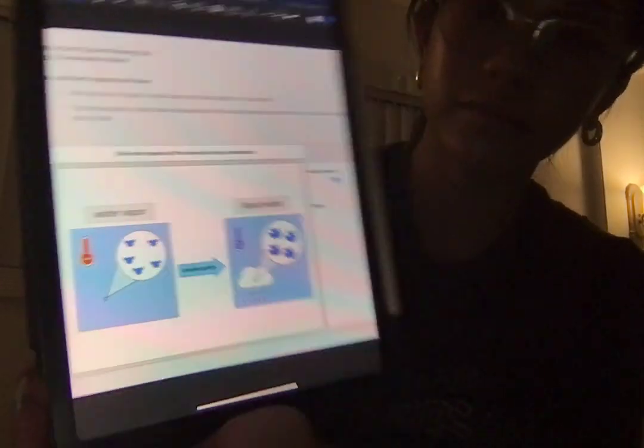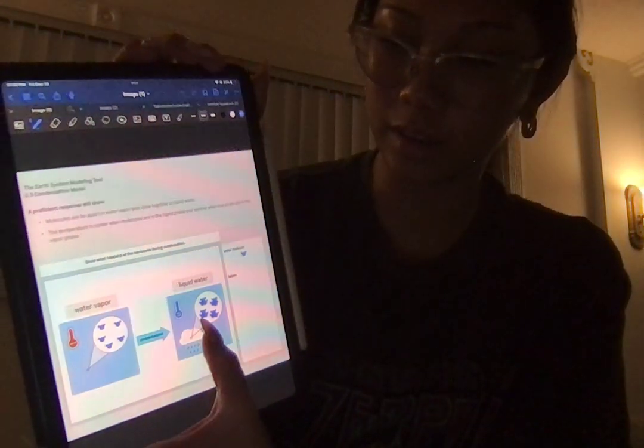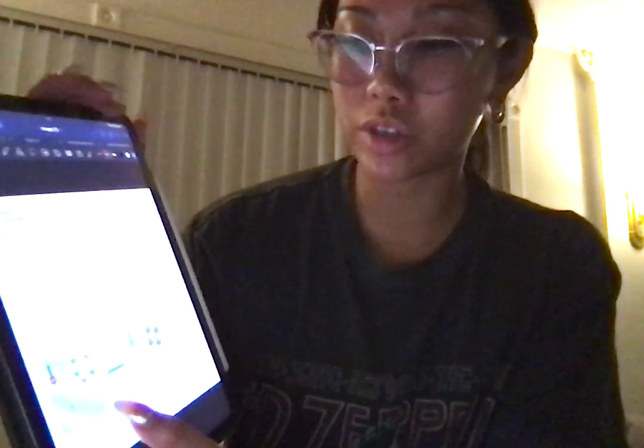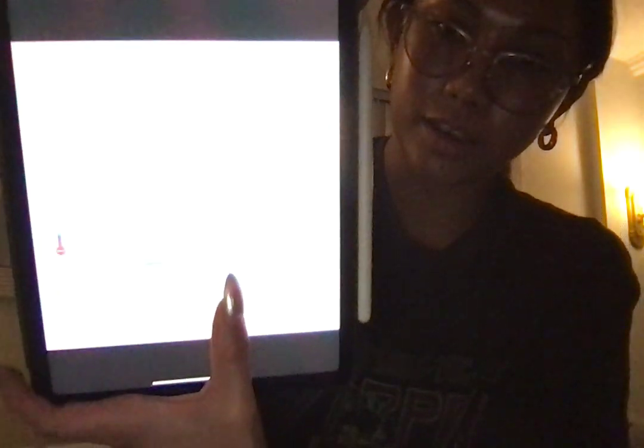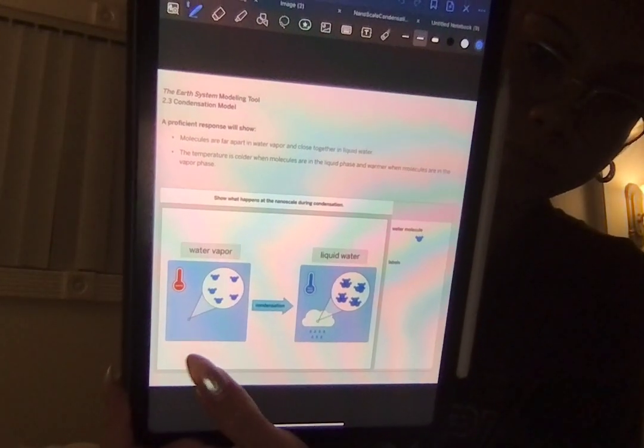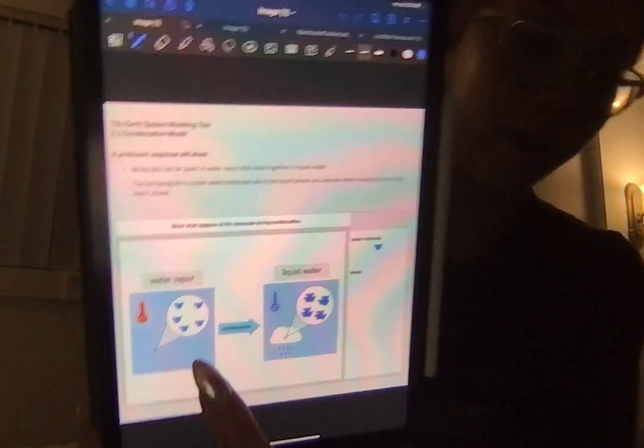Okay, once everybody's done filling that out, they've done their drawings, we would come together and talk about the image once more. And once again, we can see that the molecules are far apart in water vapor and close together in liquid water, and the temperature is colder in the liquid phase and warmer in the water vapor phase.